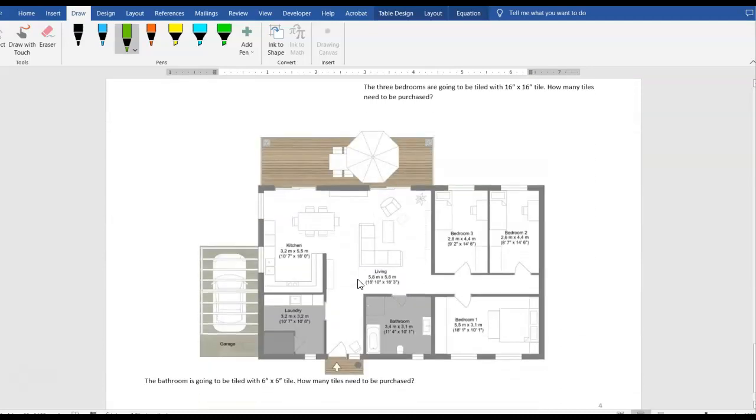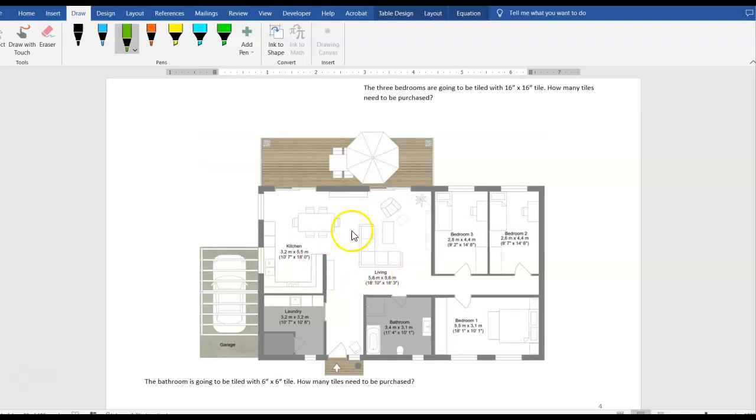So now if we already have a floor plan and we know what the dimensions for these areas are, this is kind of an open floor plan, you can decide where you might want to cut things off if you were to figure out the total. In this case, we could either do the total square meters or the total square inches.